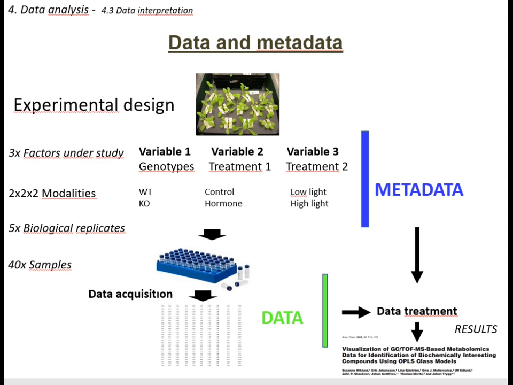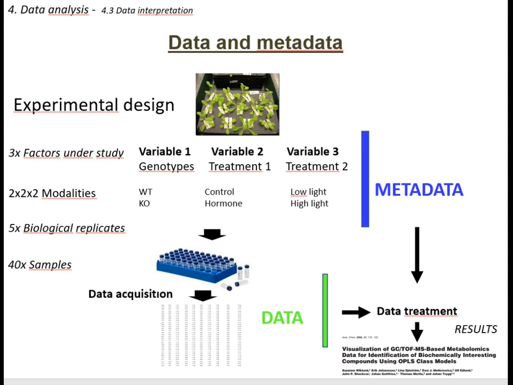Within the metadata, there is a particularly important thing, which are the factors under study, what we call the controlled variables. For example, the genotypes, the treatments you made, and then it gives you some modalities. Here, if you have 3 factors under study and you have 2 modalities, like for variable 1, you have wild type and knockout, a mutant.